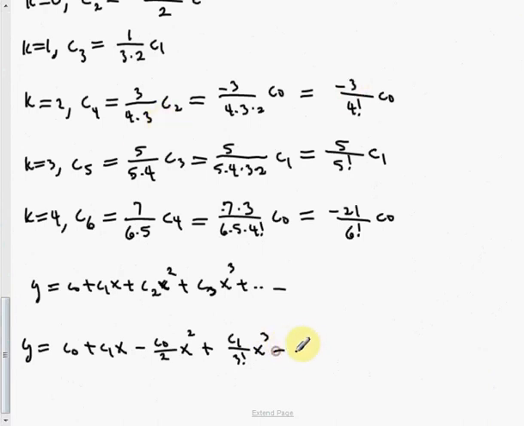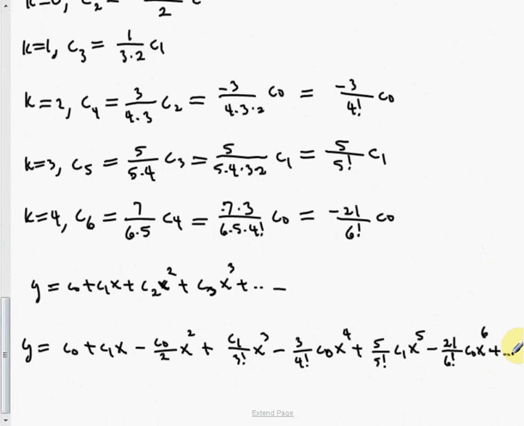So this is negative 3 all over 4 factorial times C naught times x to the fourth, plus C sub 5 is 5 over 5 factorial times C sub 1 times x to the fifth. Then we had just one more there, minus 21 over 6 factorial times C naught times x to the sixth, that's C sub 6, plus and so on.